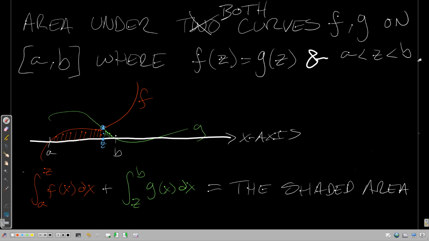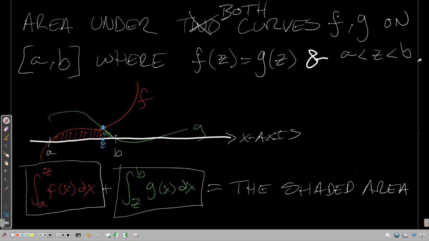It's easy. All you need to do is make your first integral use the curve that's on the bottom, and then add it to the second integral where it uses the curve that's on the bottom. And that's the shaded area that you see.